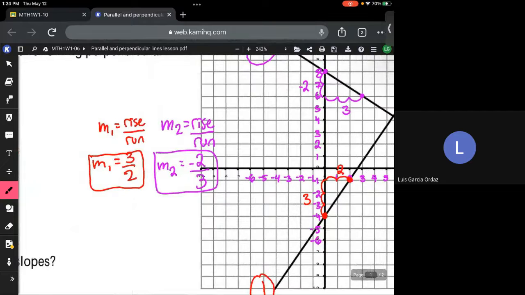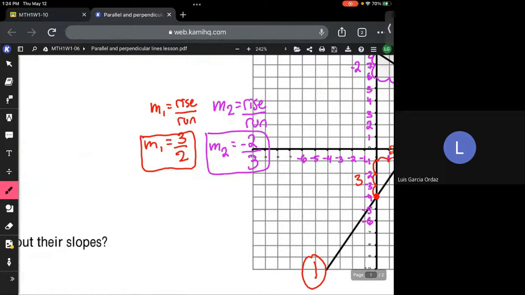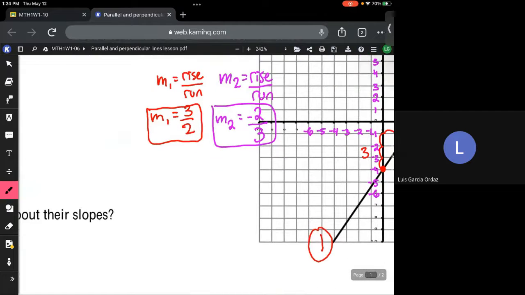So with that said, what do you notice about the slopes? They're different, but what kind of different? Laura? What's that word? Starts with an R? Reciprocal, but what type of reciprocal?